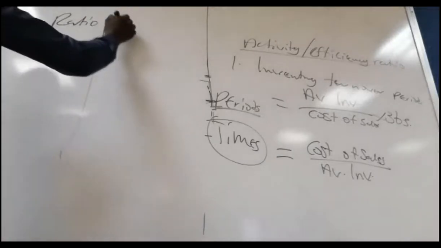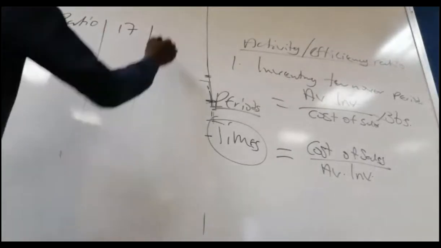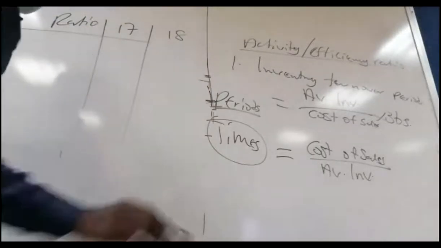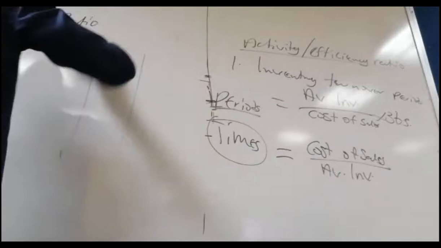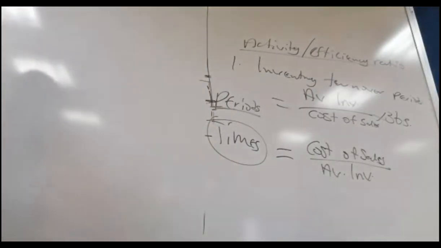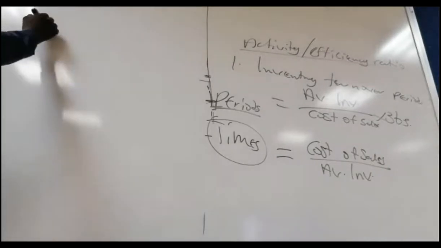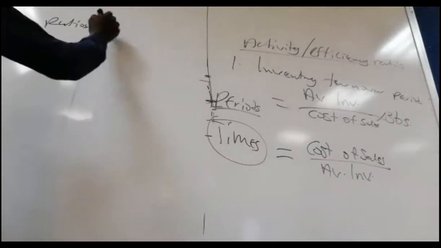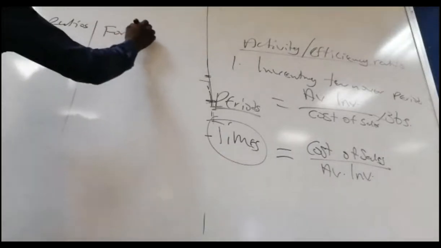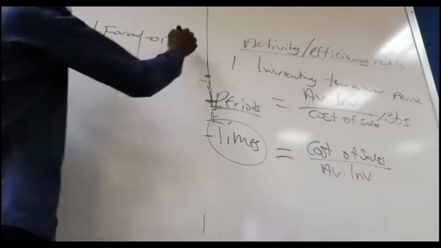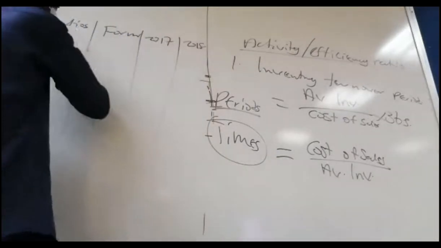There are 2 years, so 2017 and 2018. The formula must be in. So the ratios will be here, and the formula will be here. 2017 will be here, and 2018 will also be here.